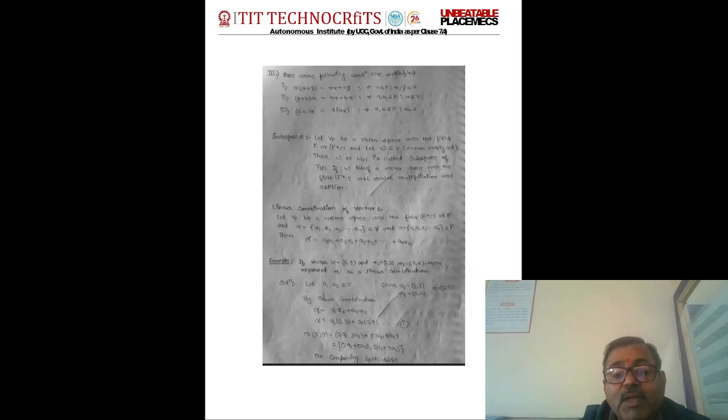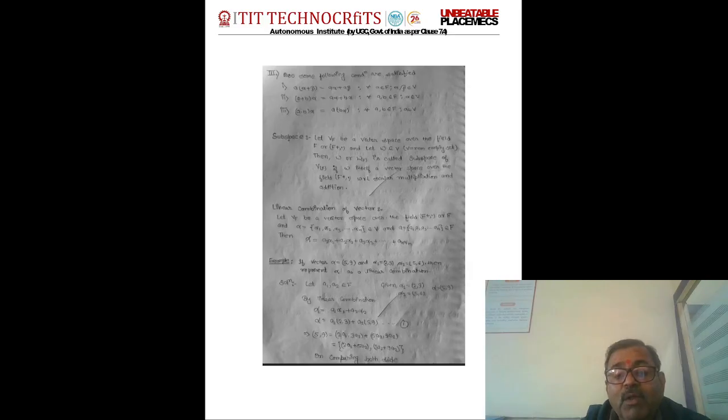So for the solution, let a1 and a2 belong to F. That means a1 and a2 are two elements of the field, and alpha 1 is (2, 3), alpha 2 is (5, 6), and alpha is (5, 9). That means it can be represented as a linear combination of alpha 1 and alpha 2.